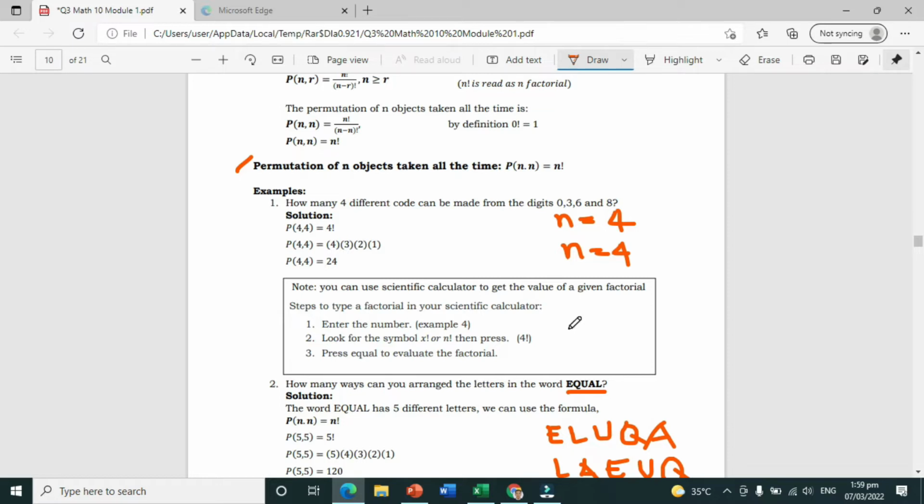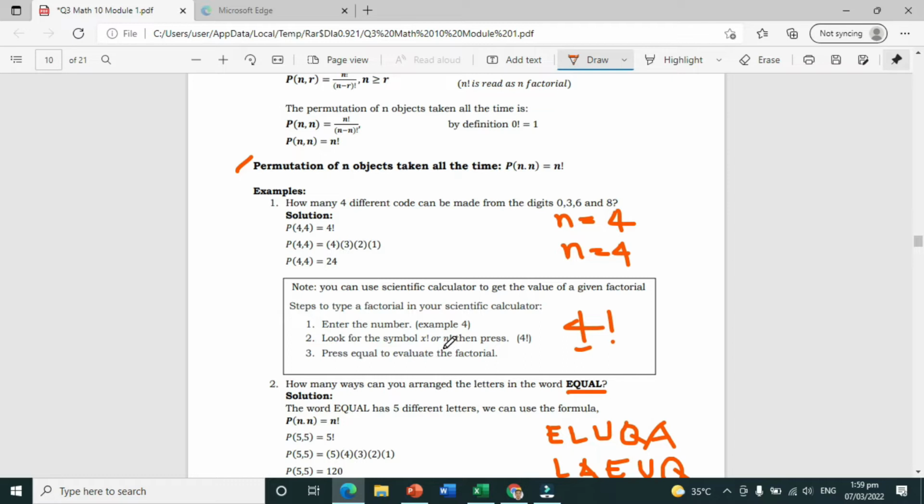Note, you can use a scientific calculator to get the value of a given factorial. So if you have your calculators, these are the steps. For example, pag 4 factorial, first, you enter the number. So we have the number 4. And then look for the symbol, ito, x factorial.